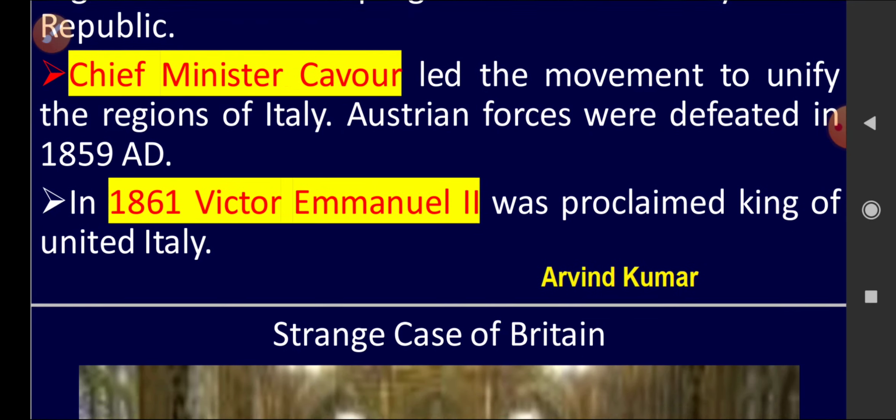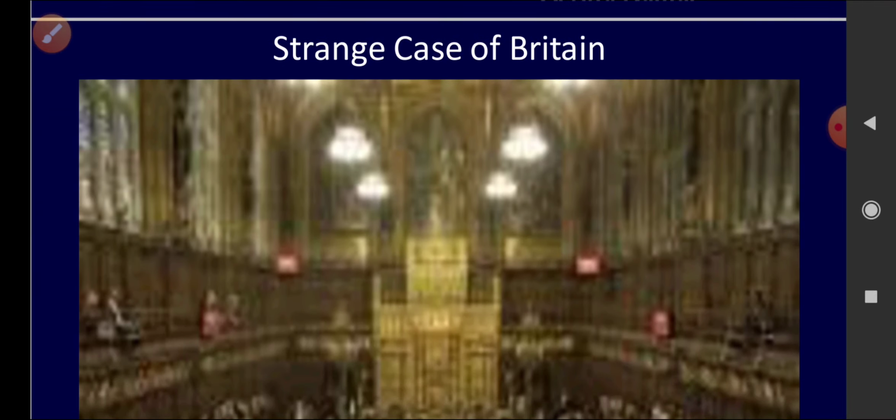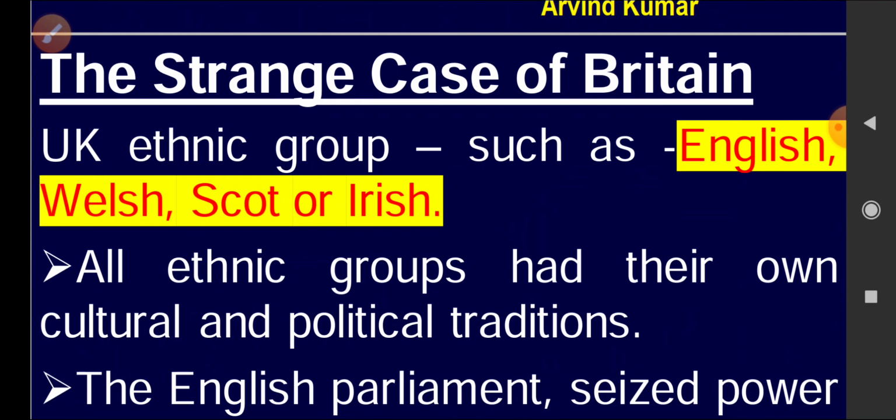Coming over to the next slide, the strange case of Britain is mentioned. Why is this case considered strange? Because Britain, or the United Kingdom, had 4 ethnic groups. People spoke 4 main languages in this country: English, Welsh, Scots, and Irish.